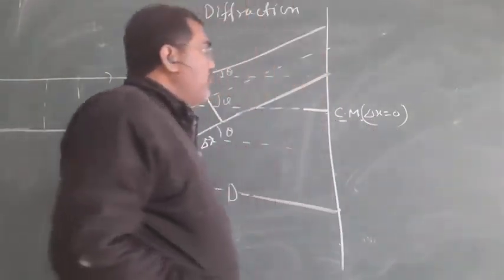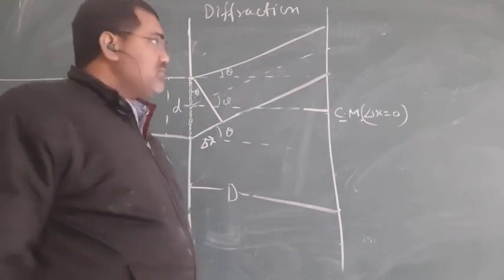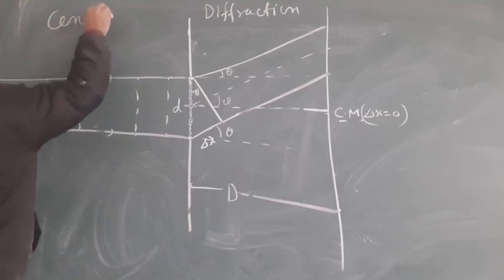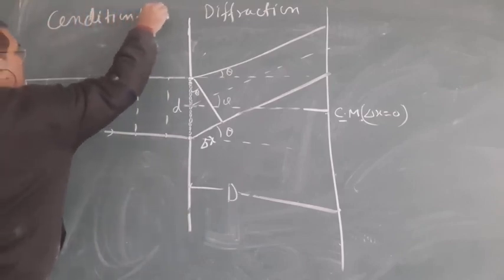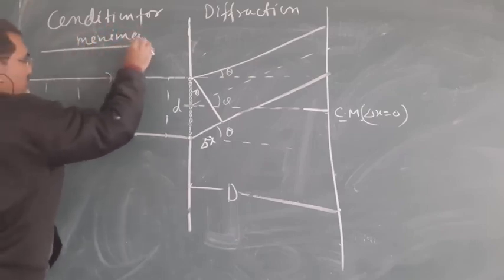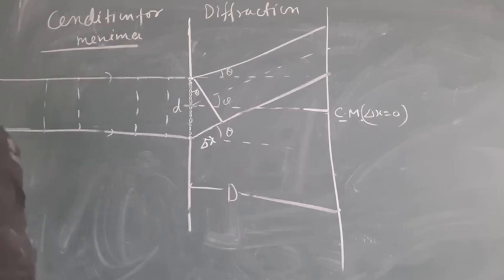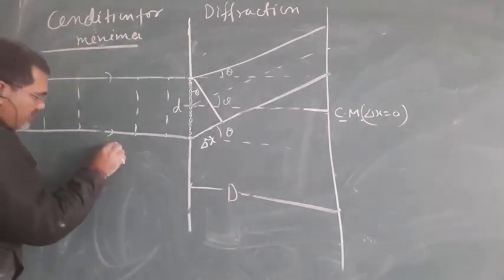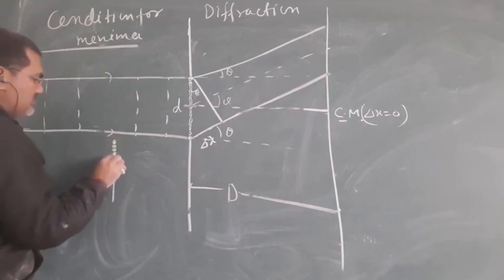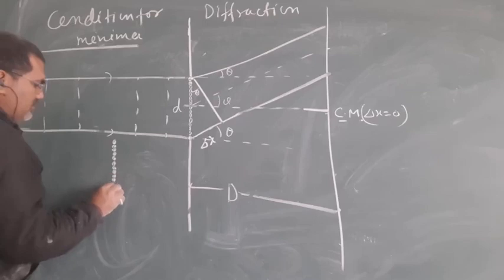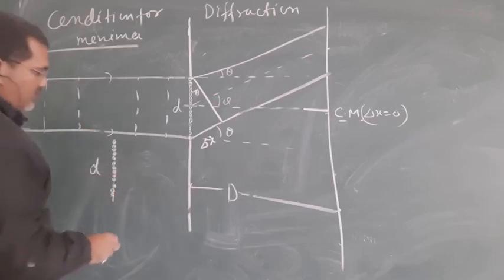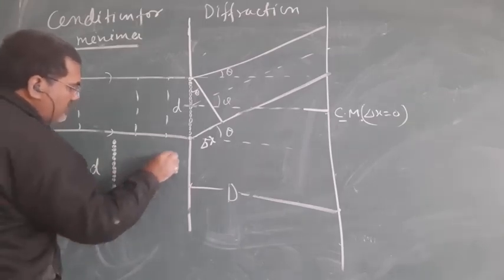So now we move on to the condition for minima. Take a slit, and this is the path difference.